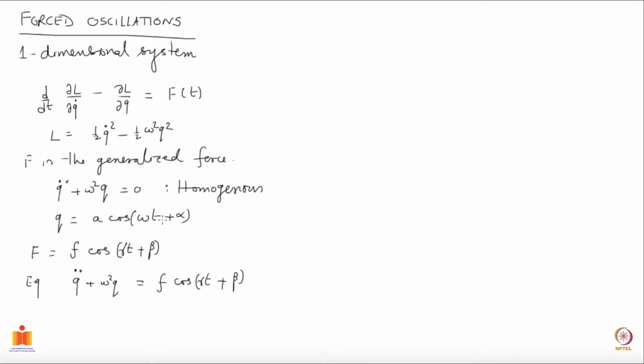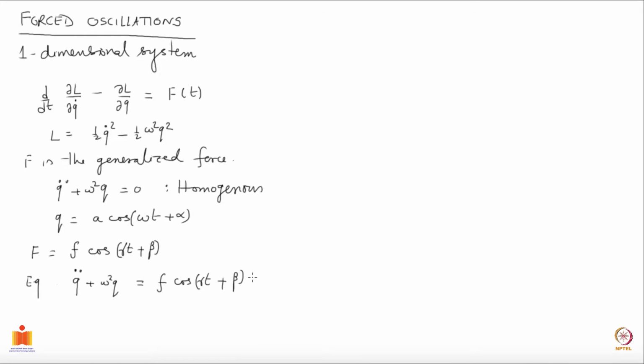So you can redefine your origin of time, and this alpha will go away. But here I keep it general so that you have some phase here, corresponding to the free case. Anyhow, that's what it is.